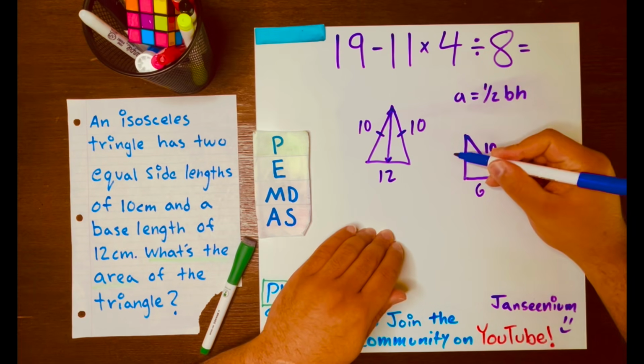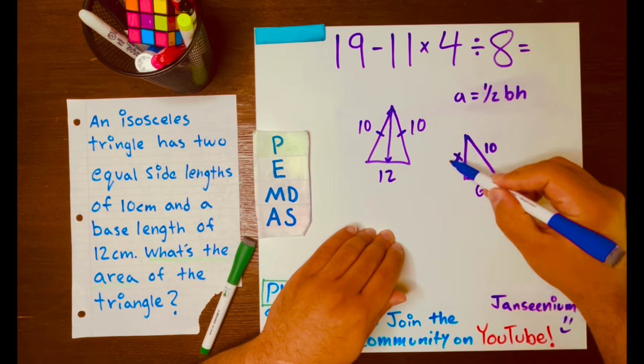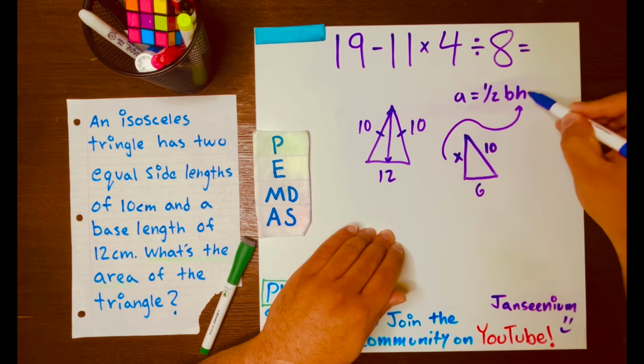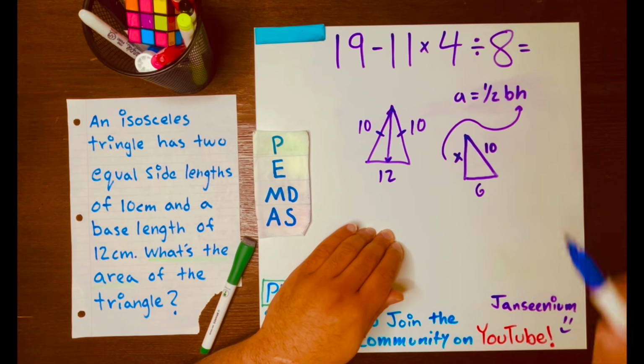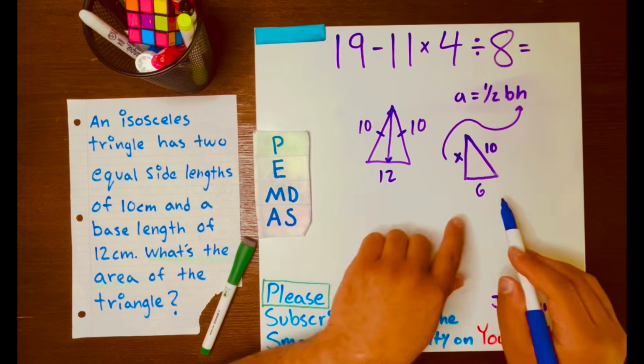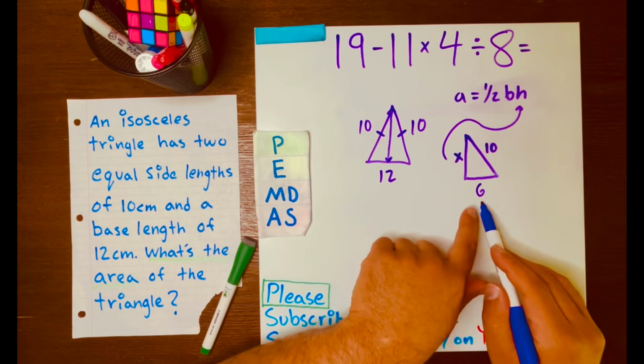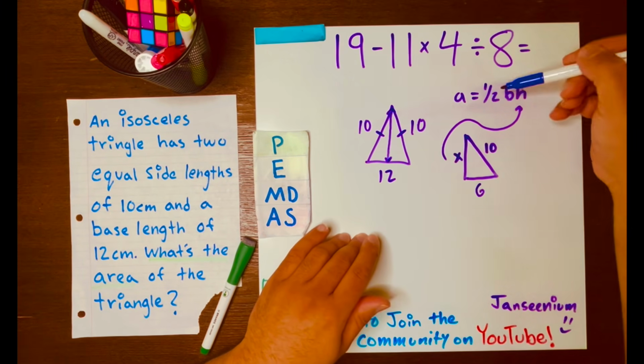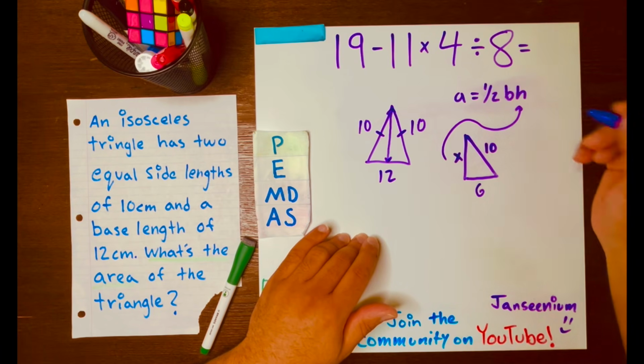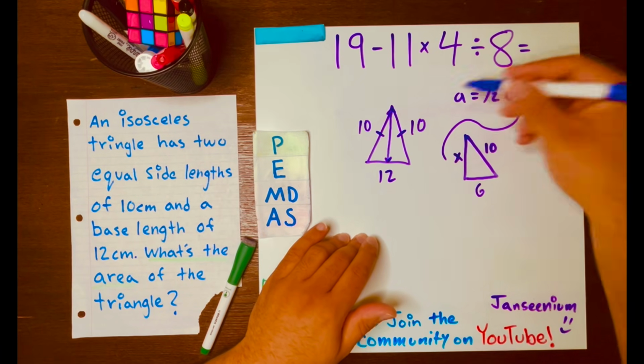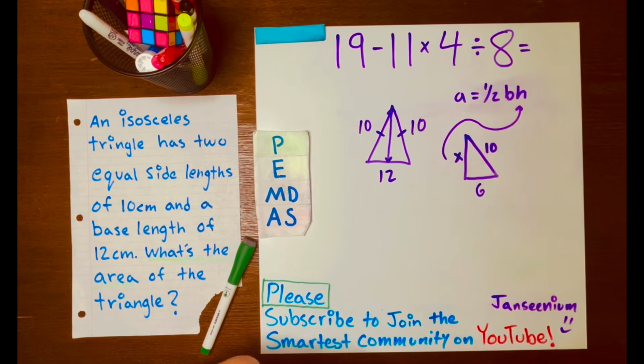And then we need to figure out the height. So then we can plug the height into the formula. And then we'll add the base back to normal, so go from 6 to 12. And then we'll multiply it by 0.5, because 1/2 is 0.5. And then we'll get our area. So this is what I'll do.